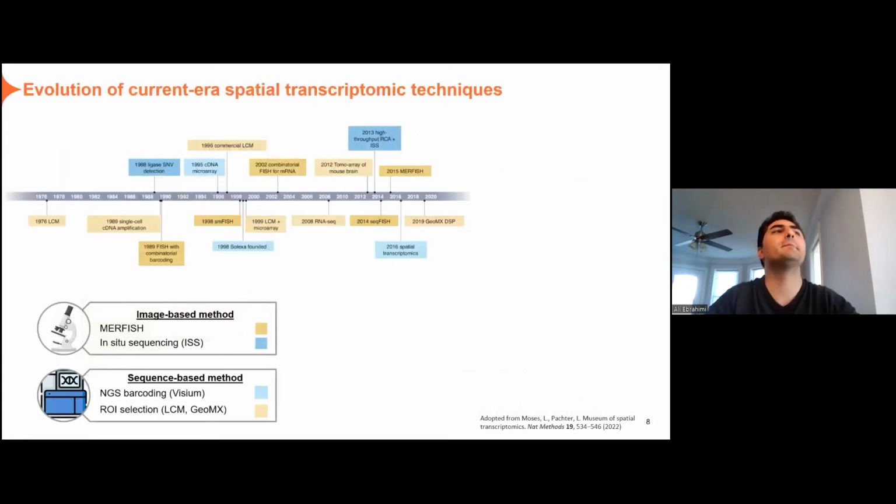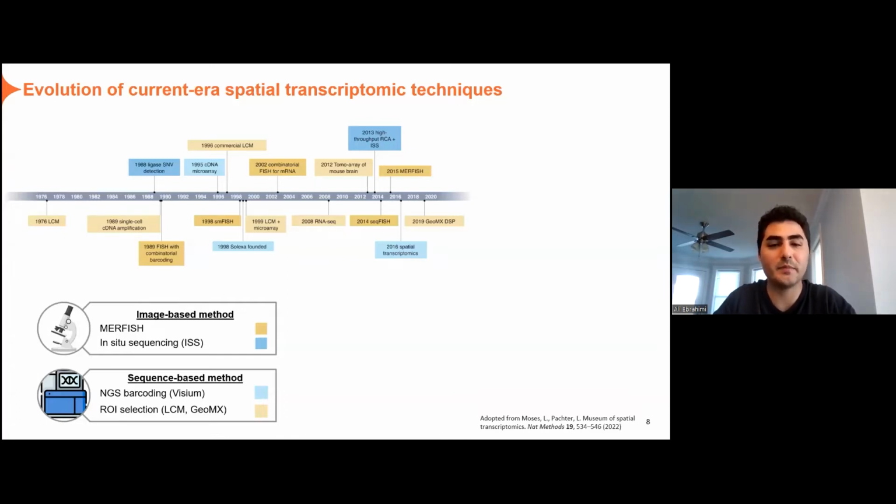When we look into the evolution of these modern spatial transcriptomics techniques, we can categorize them into two major groups. The first one is image-based methods, and the second one is sequence-based methods.